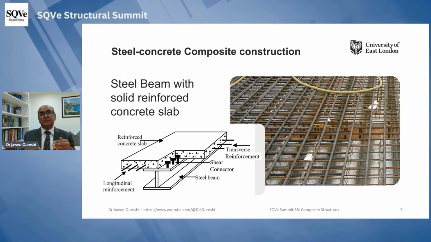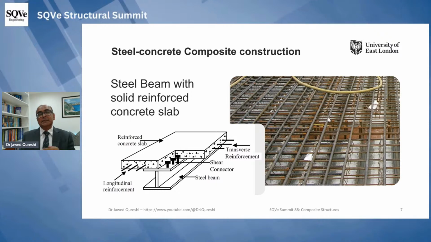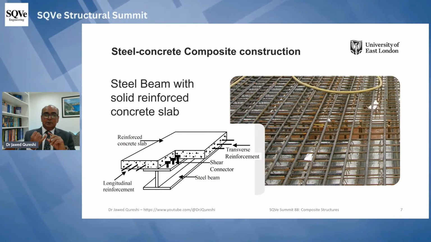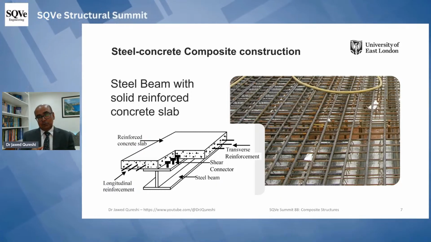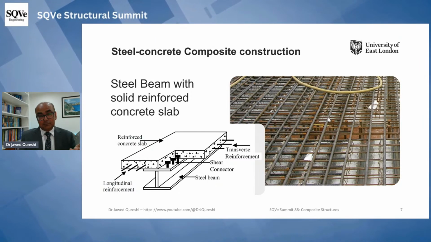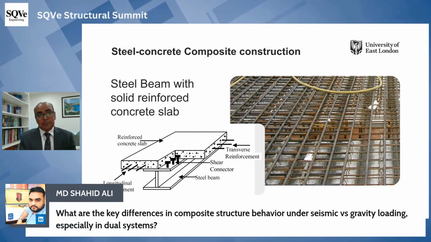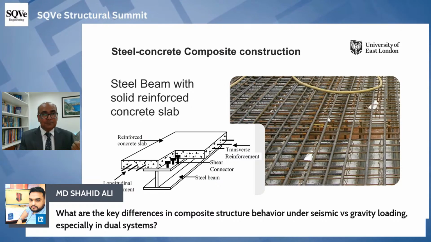So these are three types of steel concrete composite beams. One is composite beam with profile sheeting, second is with hollow core slabs, and third is steel concrete composite beam with solid reinforced concrete slab, which we do not use in Europe. And I'm sure I'll be asked in a minute whether it is used in India or not.